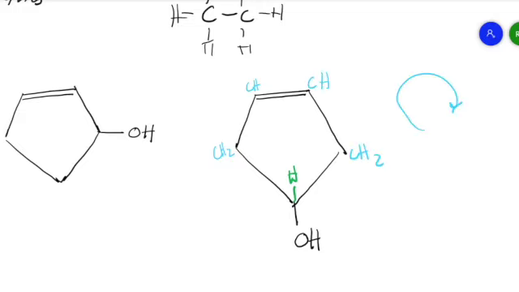If you went the opposite way, so you went from right to left instead of left to right, you'd find that again you encounter the same thing. You see a CH2, a CH, a CH, and then a CH2. So what this means is that it is the same whether you go clockwise or anti-clockwise, meaning that this is not chiral.